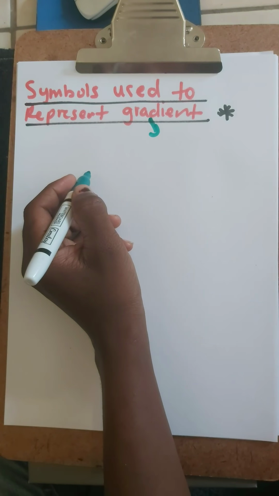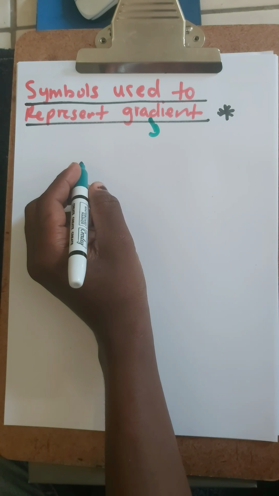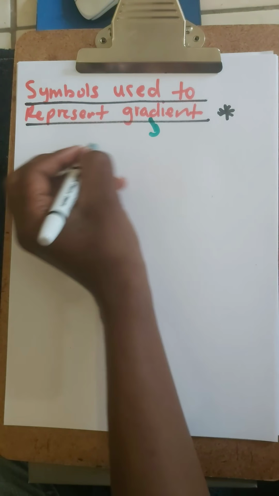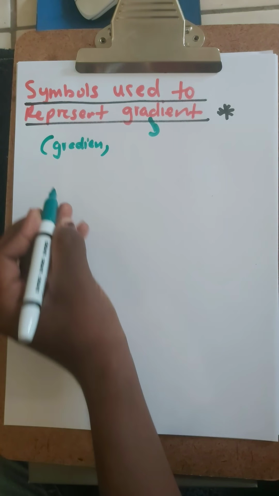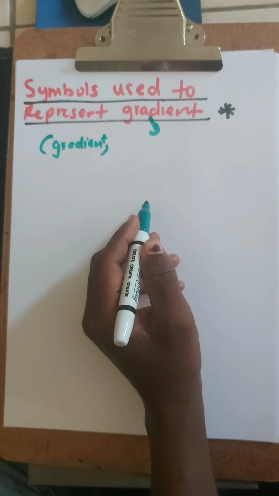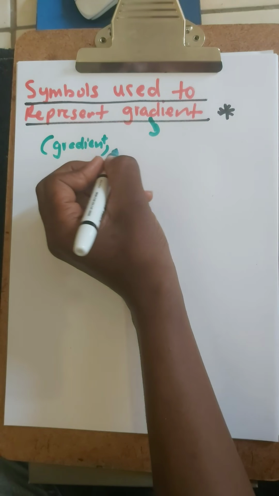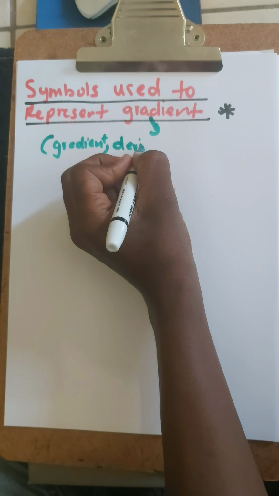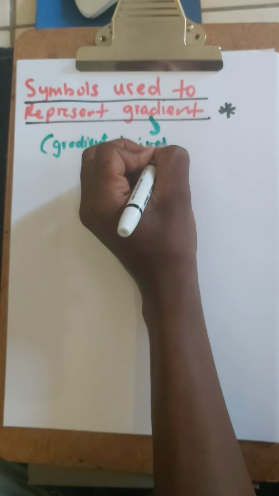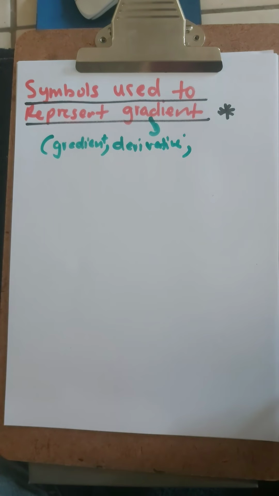The following symbols are the same thing. Gradient, sometimes it's called the derivative. Derivative is the same thing.